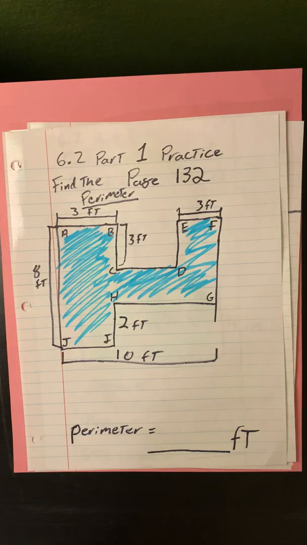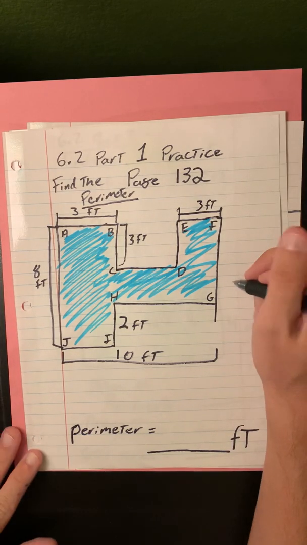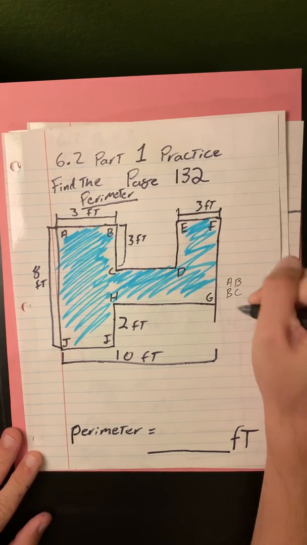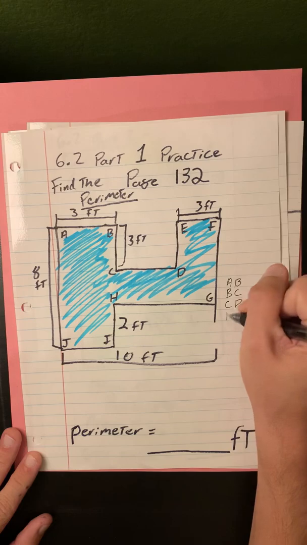All right, so just like I did before, I'm adding them all up. This time I did not color coordinate it, but I want to make sure all of my lines are accounted for.